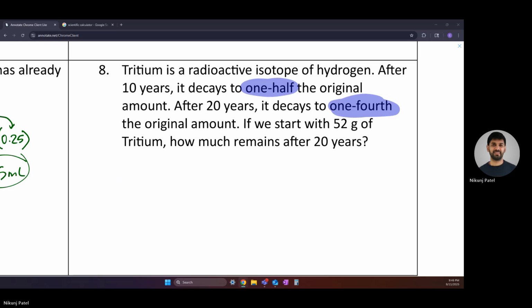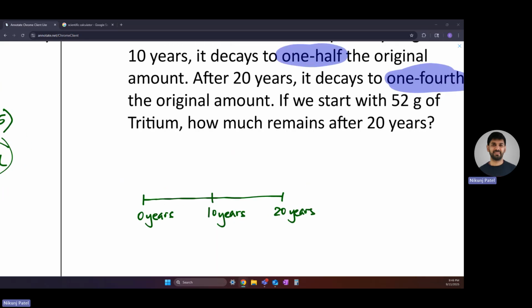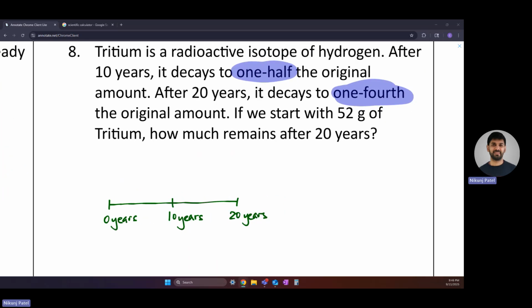Thinking about a timeline, I'm going to put 0 years, 10 years, 20 years. And we started off with 52 grams.